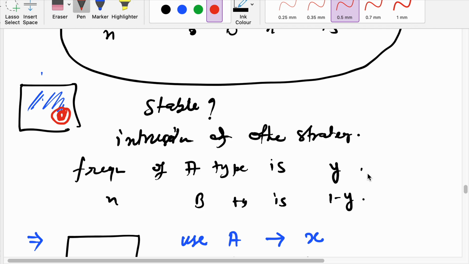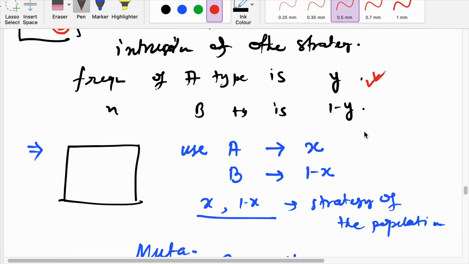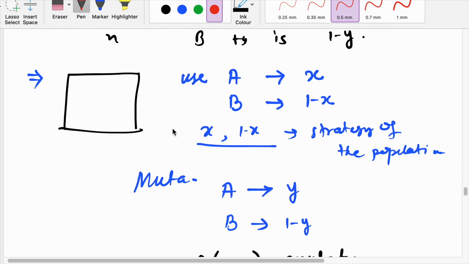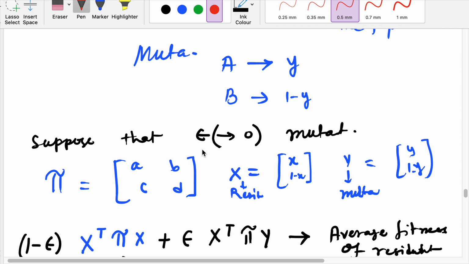That is the question. To answer it, we introduce a small fraction of mutants whose strategy is y: with probability y the mutant will play action A, and with probability 1 minus y the mutant will play action B.